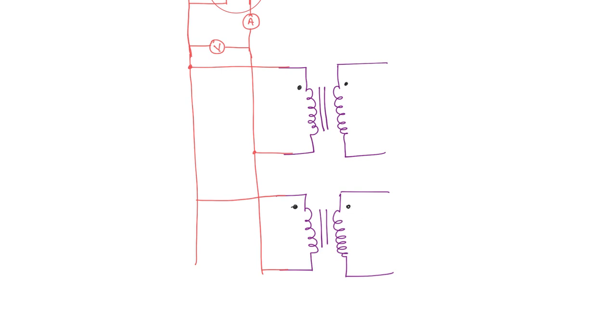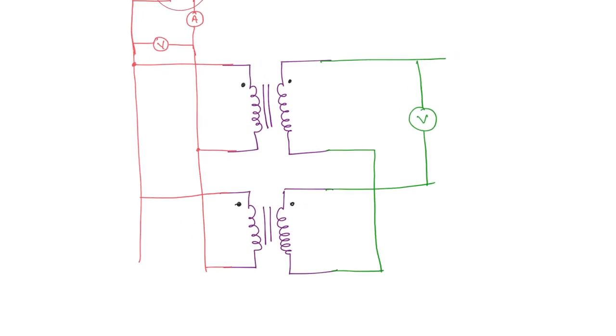So what we do is we connect this with this, and the positive polarities are both taken out and given to a low voltage supply. So here also we will be measuring the voltages and currents. So this is the voltmeter, this is the ammeter, and here we have the wattmeter, and this is connected to a low voltage AC supply.